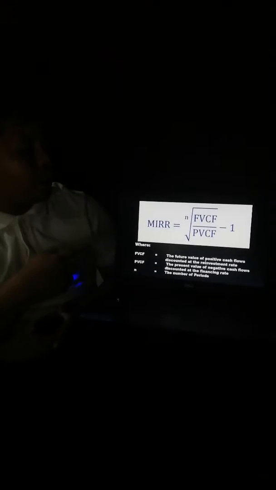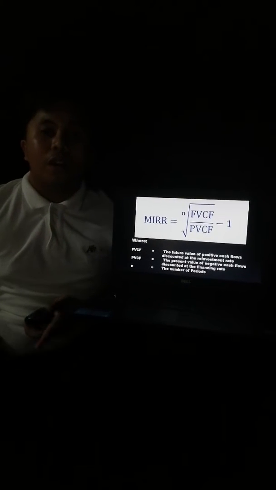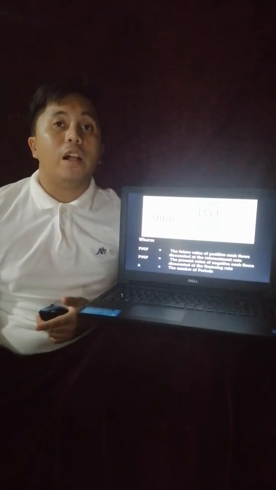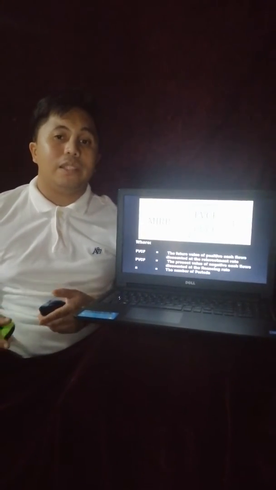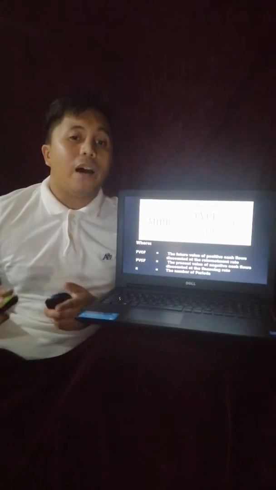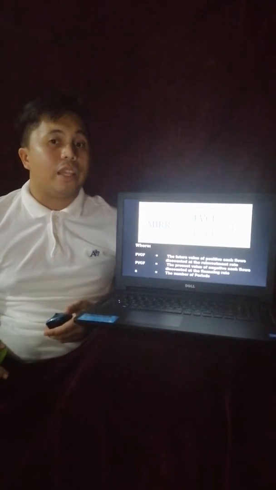So we have the formula for how to calculate the MIRR. We consider three key variables. First is the future value of positive cash flows discounted at the reinvestment rate. Second, the present value of negative cash flows discounted at the financing rate.